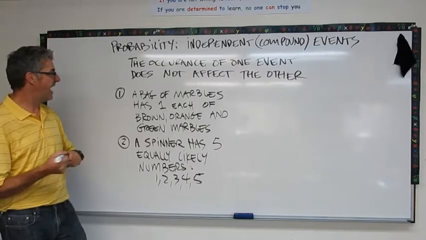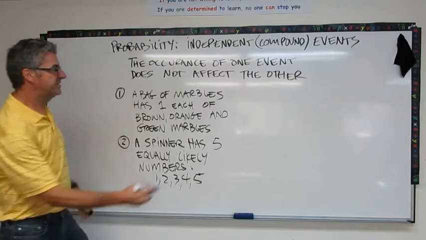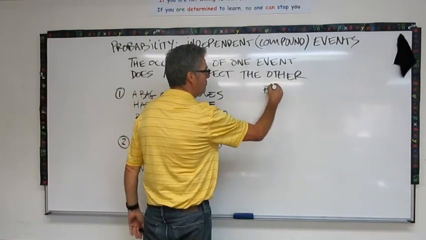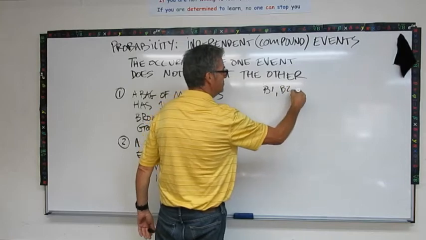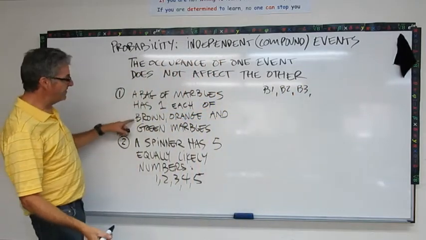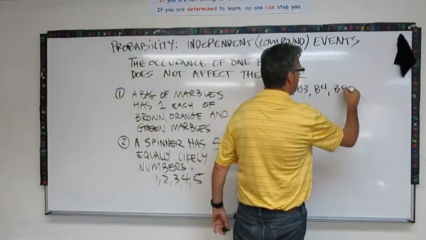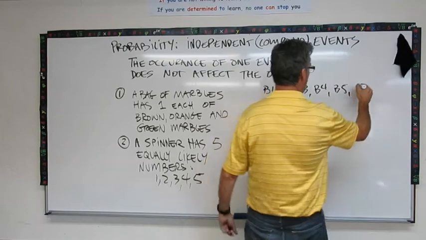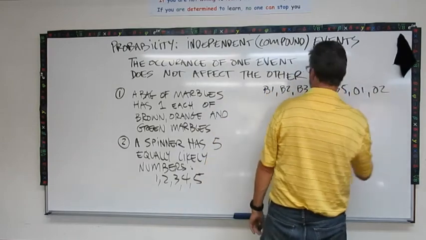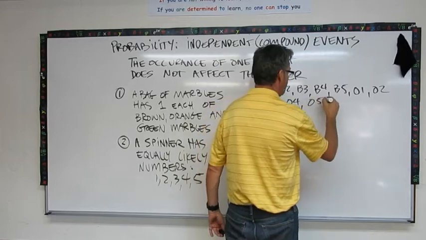Okay, let's see how you did with that. We're going to go brown 1, brown 2, brown 3, brown 4, brown 5, and then I'm going to do the other colors. Then I've got orange 1, orange 2, orange 3, orange 4, orange 5.